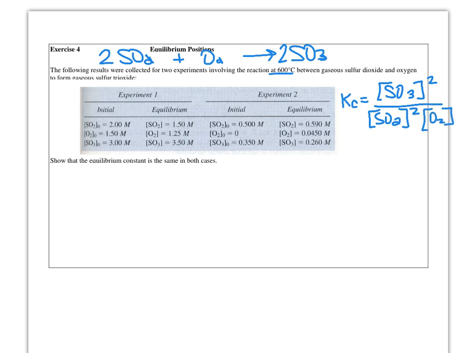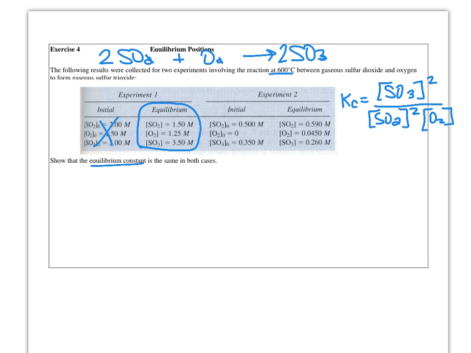All right, so that's my Kc. Then show that the equilibrium constant is the same. To find the equilibrium constant, I'm going to plug in what I have. So I'm going to use the equilibrium amounts. I don't care about the initials, okay? So that is important, I think.